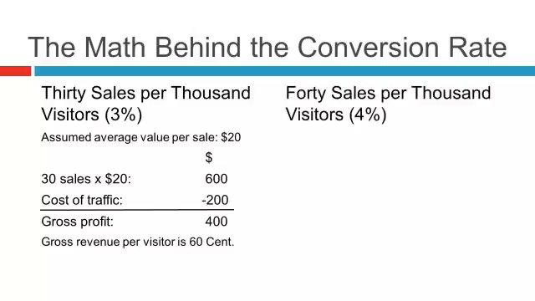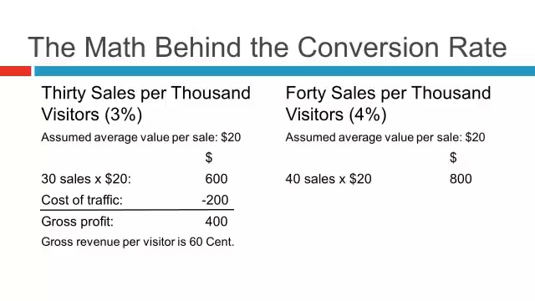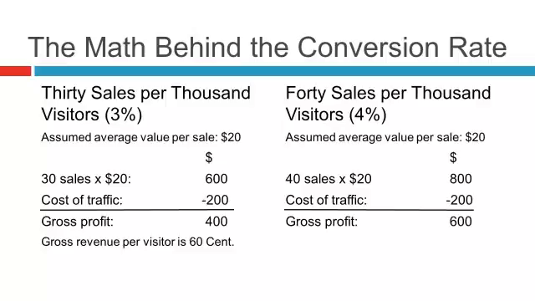With 40 sales per 1,000 visitors, this is a 4% conversion rate, and still we assume a value of $20 per sale. You get $800 from 1,000 visitors, cost of traffic still $200, gross profit $600, gross revenue per visitor is 80 cents.